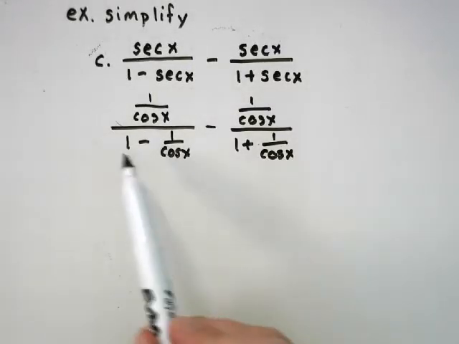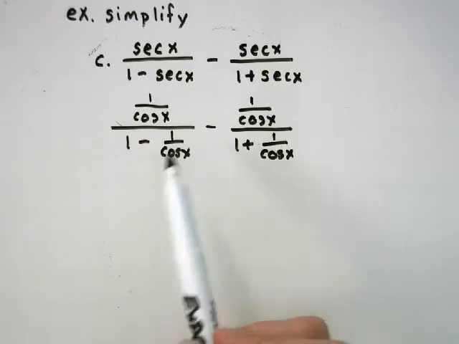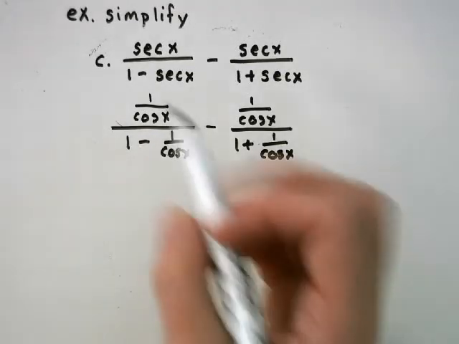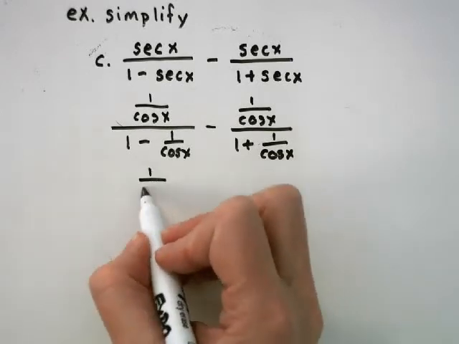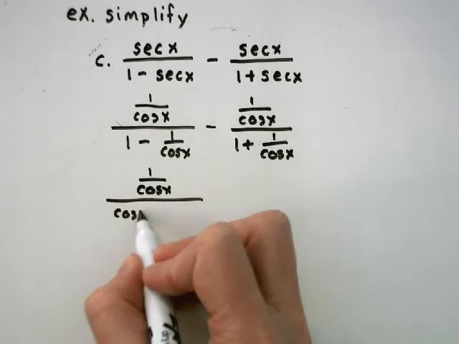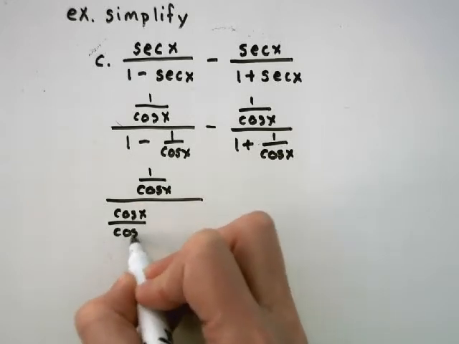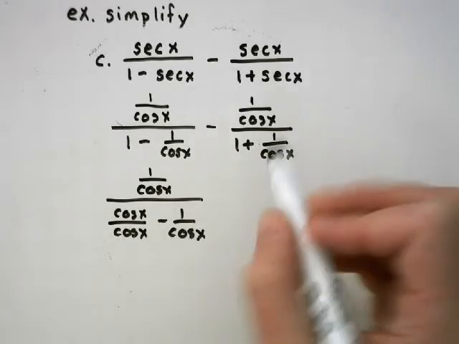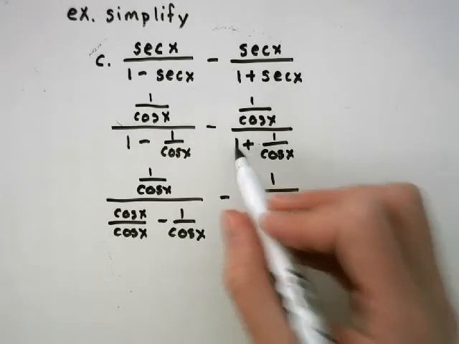Okay, in the denominators here, I'm going to get a common denominator. So I'm going to turn these 1s into cosine over cosines. So this is going to be cosine of x over cosine of x, and same thing over here.